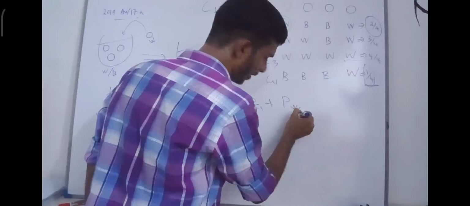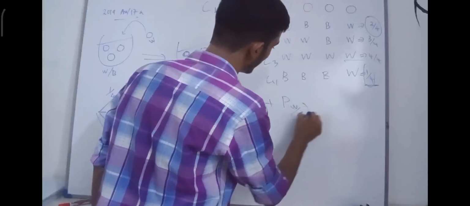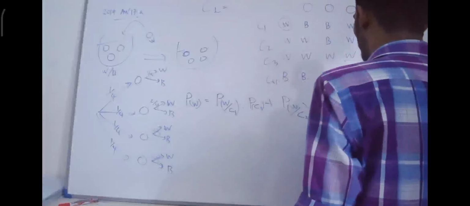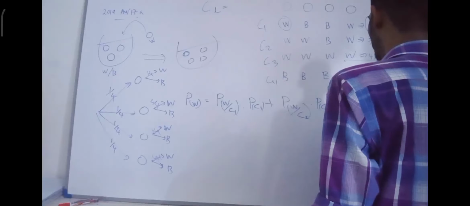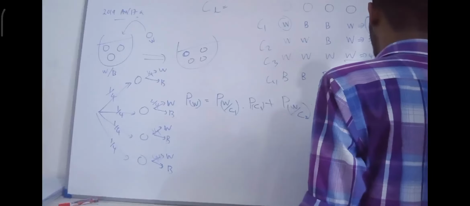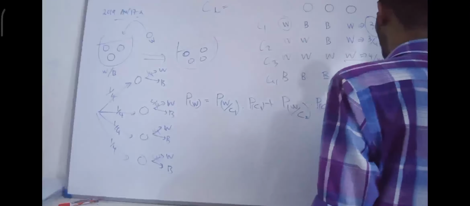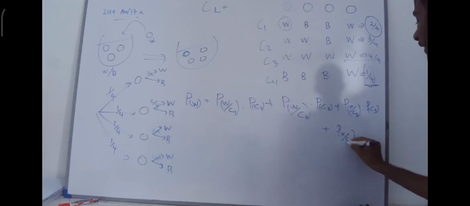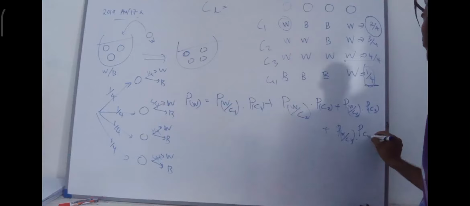Probability of being white when composition 2 is selected into probability of composition 2, plus probability of white when composition 3 is selected into probability of composition 3, plus probability of being white when composition 4 is selected into probability of composition 4. So I just want to substitute.